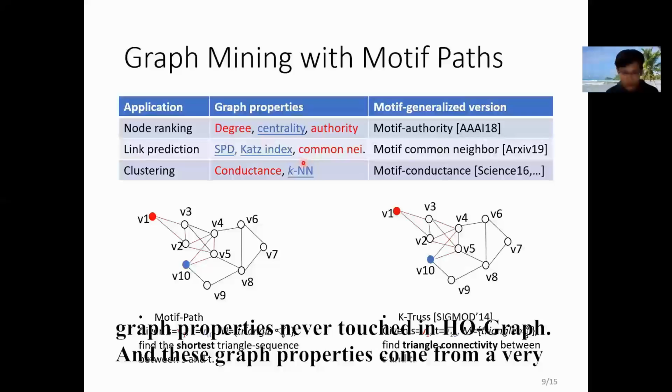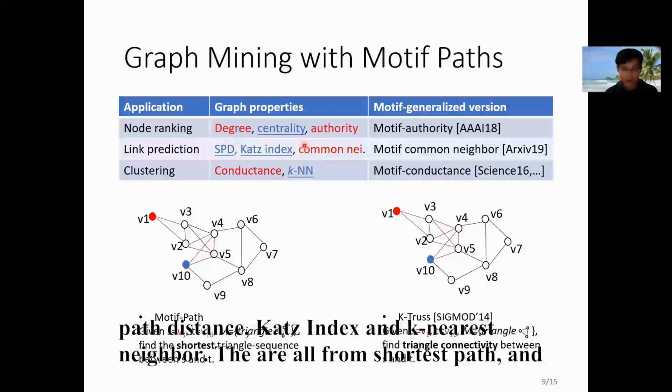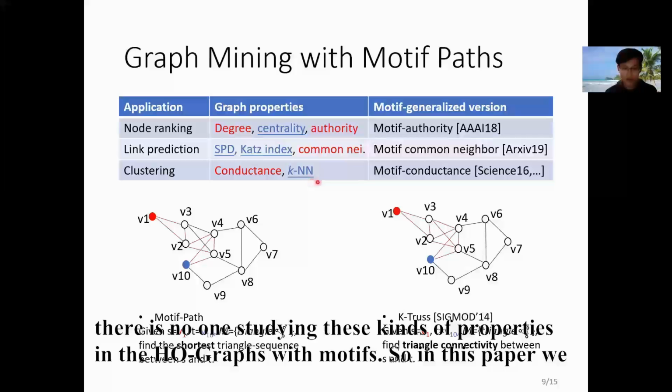These come from a very big branch of graph mining, the shortest path: centrality, shortest path distance, closeness index, and nearest neighbor. They are all based on the shortest path, and no one has studied these properties in the HO graph with motifs.